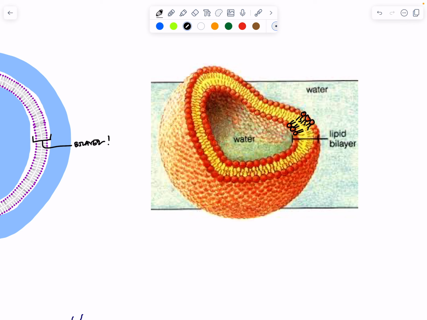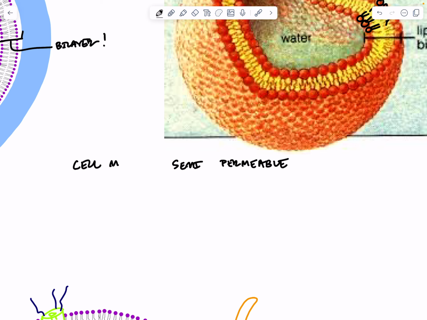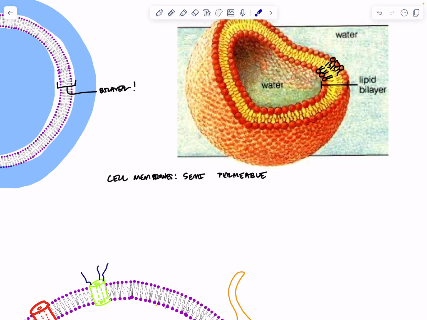Okay. So cell membranes are what we call semi-permeable, meaning they let some things pass through them, and they exclude other things from moving through them.